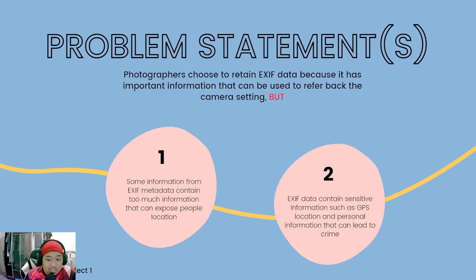Like I said before, it's the GPS location, and also personal information, which can lead to a crime. If this information only exposes locations, it is okay, because maybe some people are not interested in your location. But if you are a target, for example, of a kidnap case, the information they get from your pictures will be used to take advantage of you.